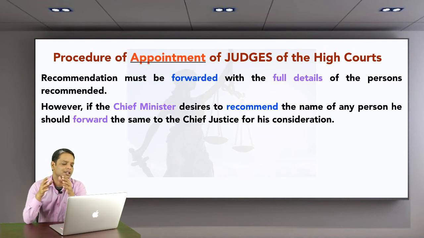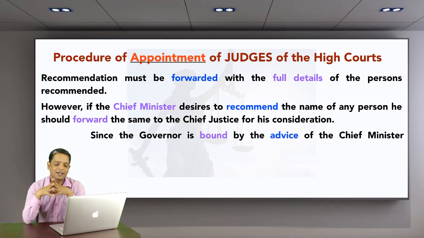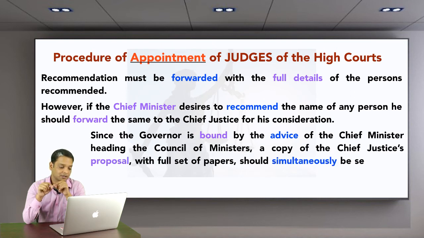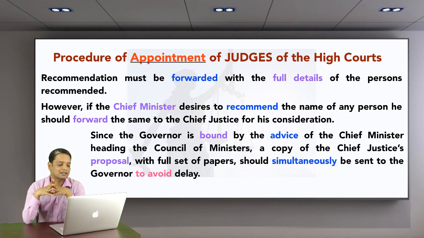Next, since the Governor is bound by the advice of the Chief Minister, heading the Council of Ministers, a copy of the Chief Justice's proposal with a full set of papers should simultaneously be sent to the Governor to avoid delay.